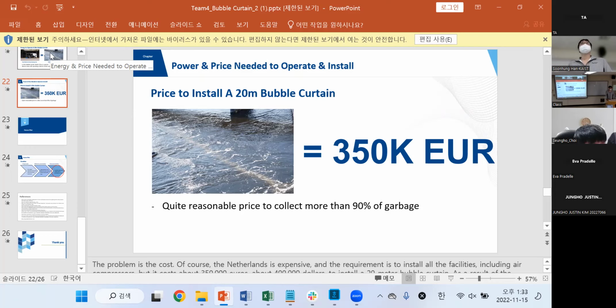Then, is there an example of applying these techniques in the real world? So how deep is that ocean? How deep do we place the pipe for the air curtain in the real example? Water depth.